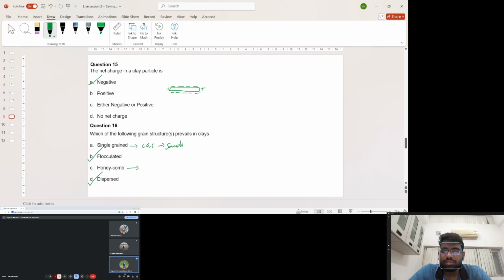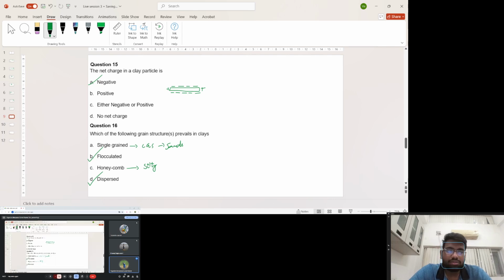Honeycomb is for silts, since their particle size is less and they are not charged. So the options will be B and D. Understood? Any doubts?